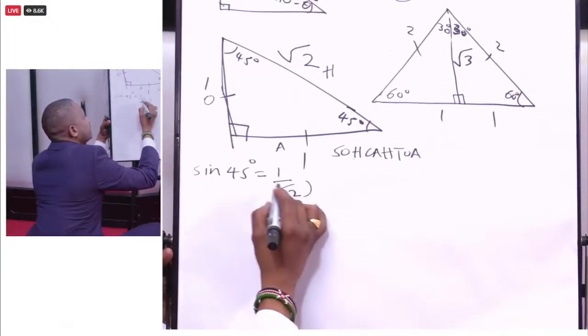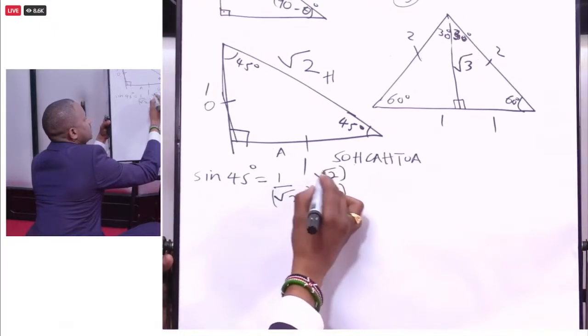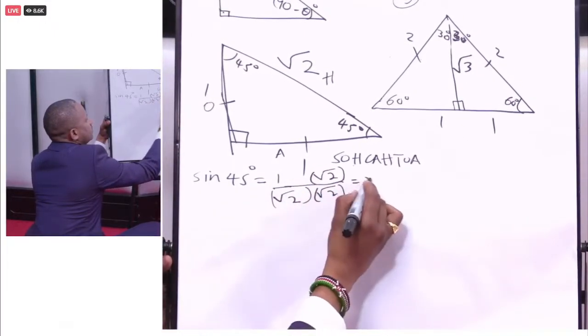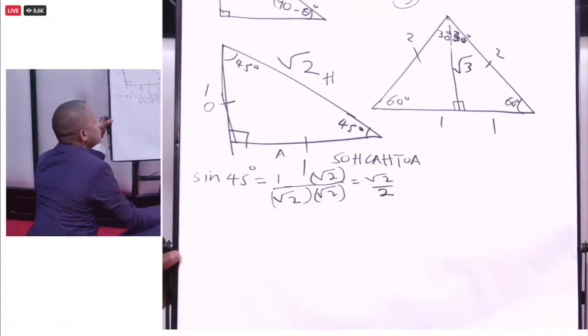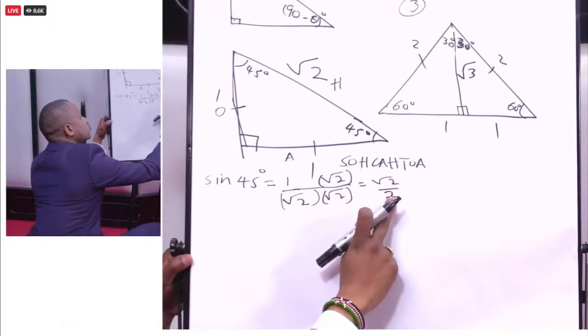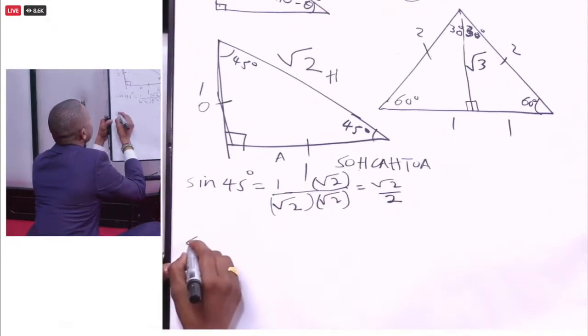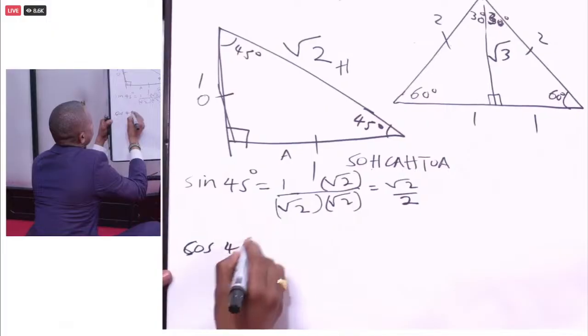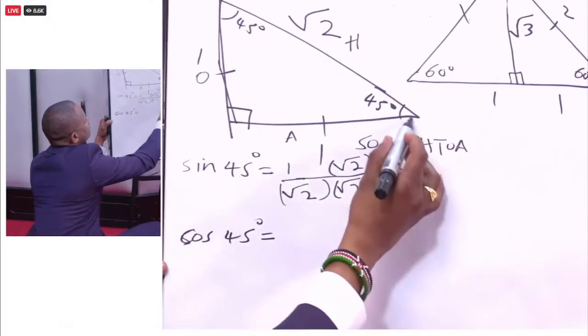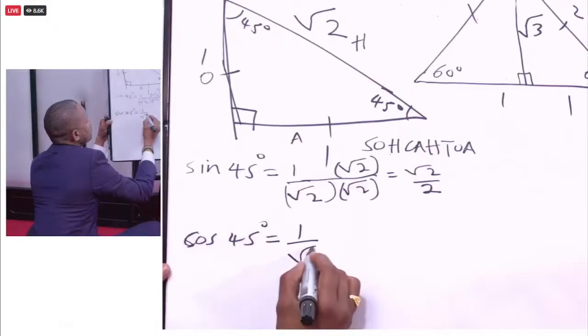When you open this in surd form, this is a surd, you rationalize, it will be root 2 over 2. Root 2 times root 2 is root 4, and root 4 is 2. So sine 45 is root 2 over 2. Then you go to cos 45 degrees. Cos 45 is adjacent, which is 1, over hypotenuse, which is root 2.